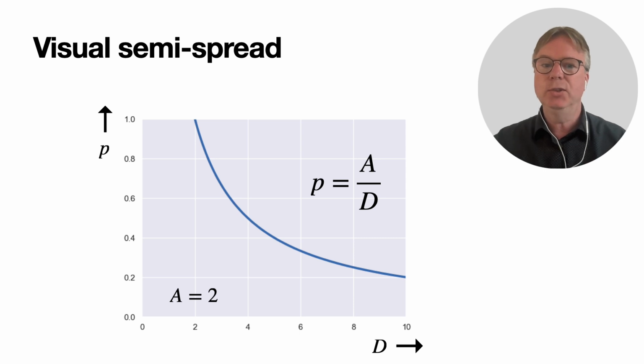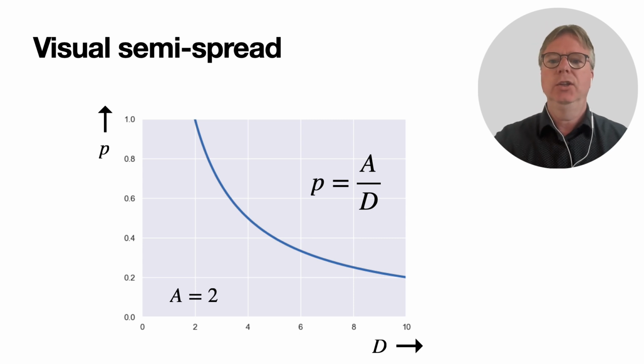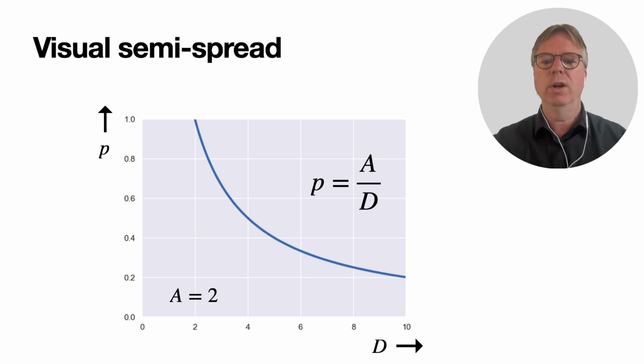So it's nice to make a graph of this. So if we look at the case for A is 2, so the radius is 2, so that means that if D is also 2, then P is 1.